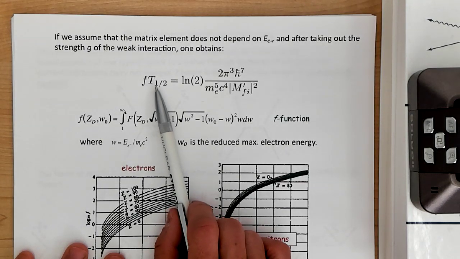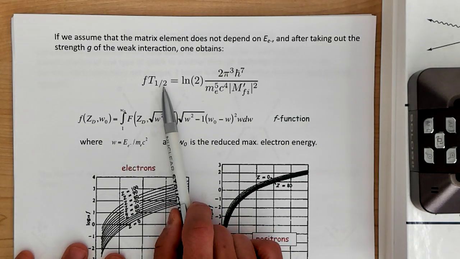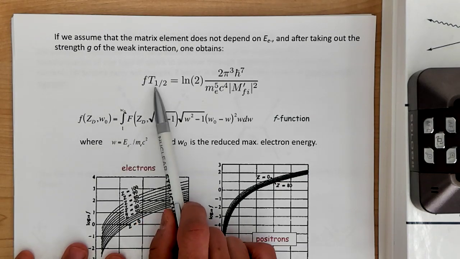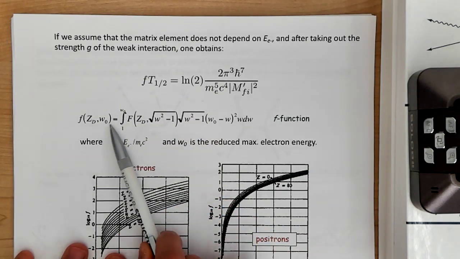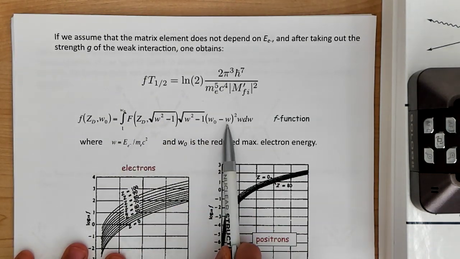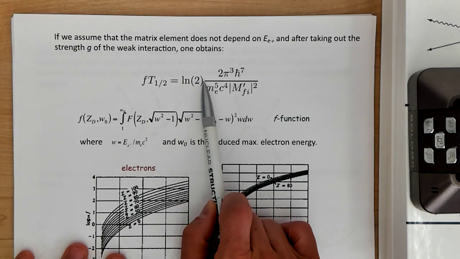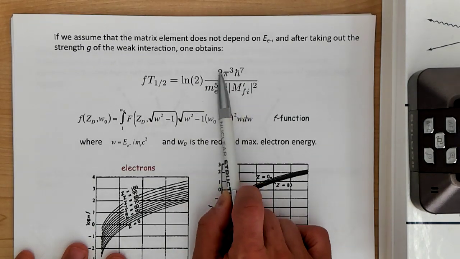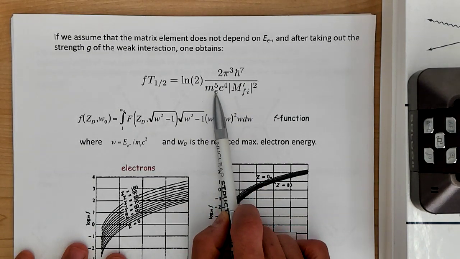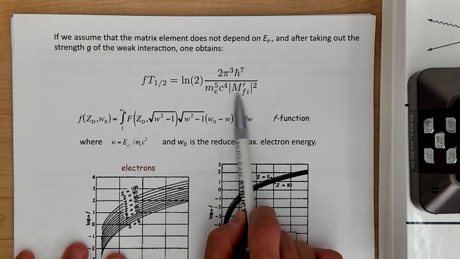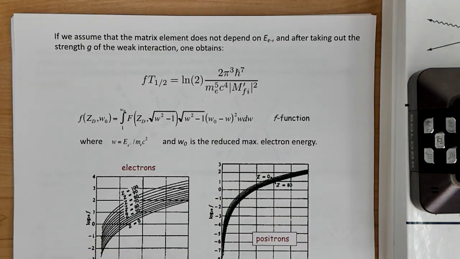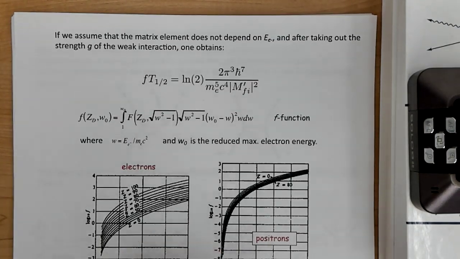the half-life, T1/2 times this factor f, where the factor f is the integral of the Fermi function, okay? This integral of the Fermi function is equal to the natural log of 2 times these factors divided by the mass of the electron to the 5th power, and this squared amplitude, the squared absolute value of the matrix elements, the amplitude.